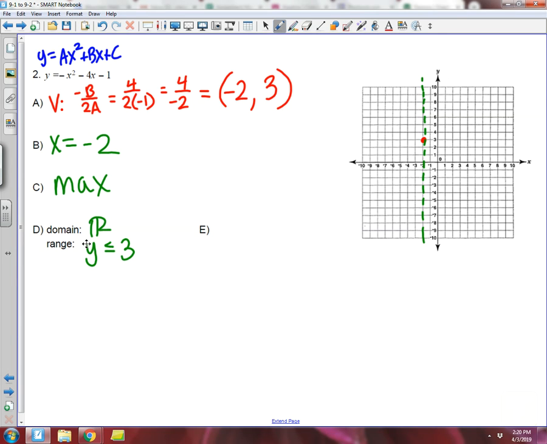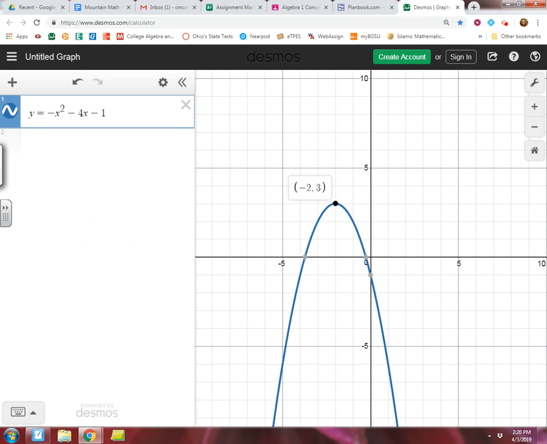Okay. Letter E was asking you for the y-intercept. Where does this thing hit the y-axis? Is it 0, -2? Oh, well, I better look. I was taking your guys' word for it. Here's my y-axis, correct?